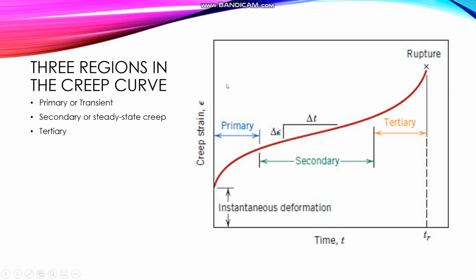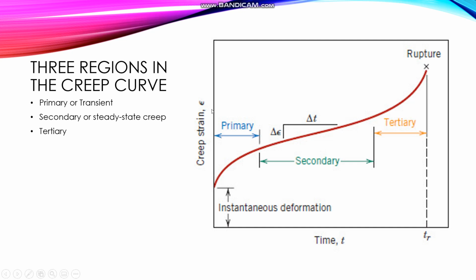Here, we have the typical creep curve of strain versus time at a constant load, because creep is receiving a constant load. There are three regions in this curve. The first region is called the primary region, which can be typified by a continuously decreasing creep rate.